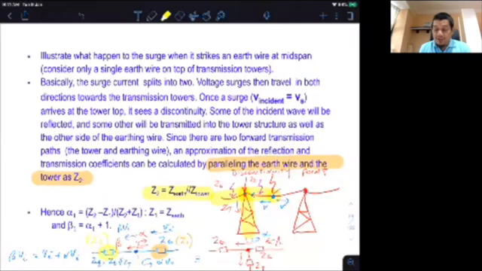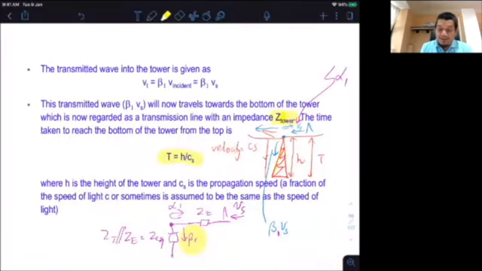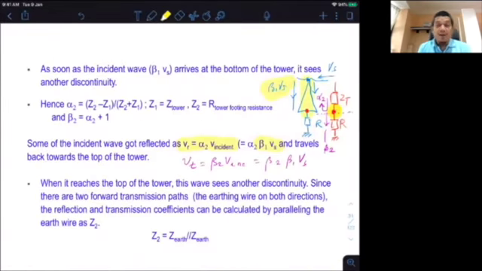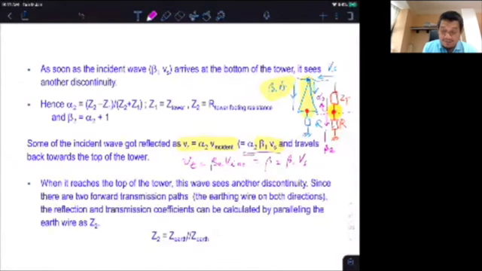And the one that goes down the tower already arrived at the bottom of the tower. And at the bottom of the tower, it will get reflected. The reflection is alpha 2, and the transmission into the tower footing resistance is beta 2. The one that got reflected is given by this formula.